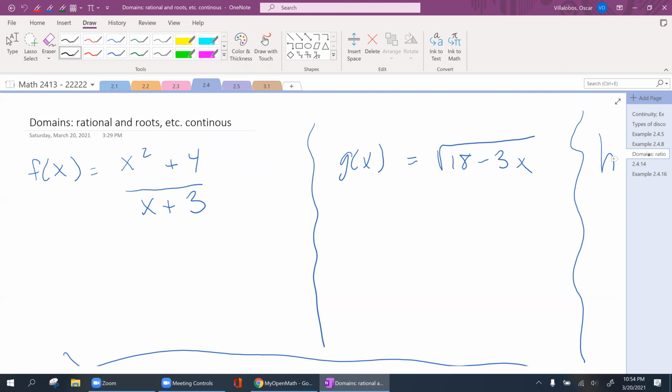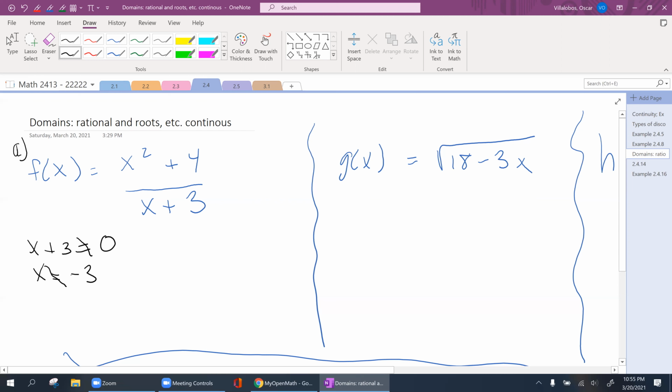For problem A, you can find the domain of the function by setting the denominator not equal to 0. Why? Because we cannot divide by zero, it's undefined. You solve this, and you find out that x cannot be -3.